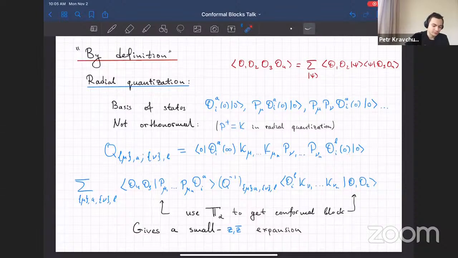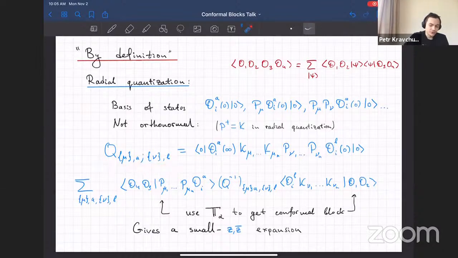And we get some matrix, which we can compute by using commutation relations. As usual, we move K to the right using commutation relations, and eventually K will hit O at 0 and give 0. This way we can get rid of all the K's and use the scaling dimension of O and the Lorentz transformation properties of O to compute this value.